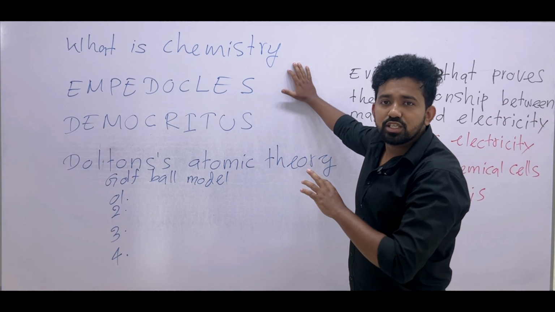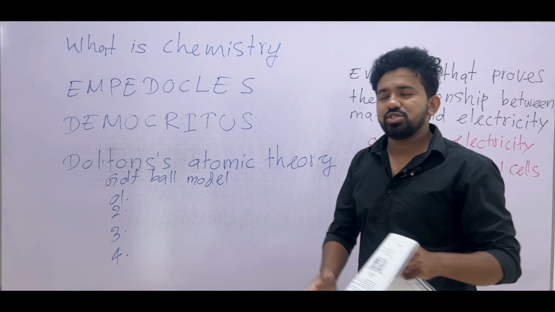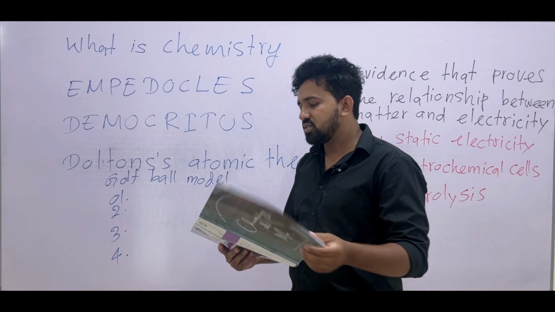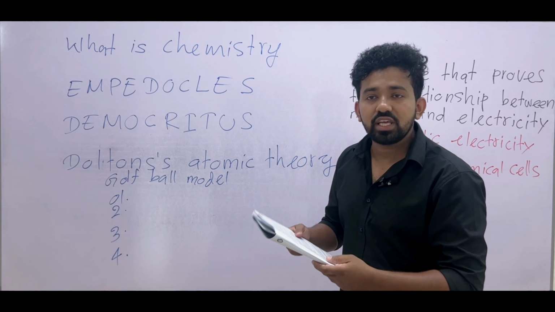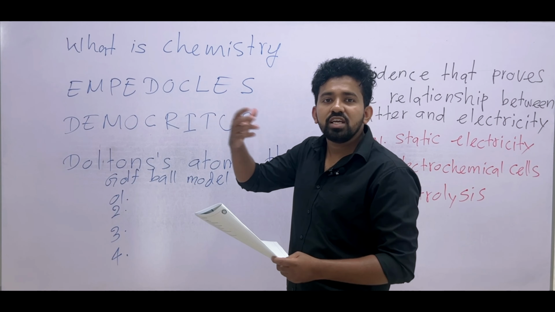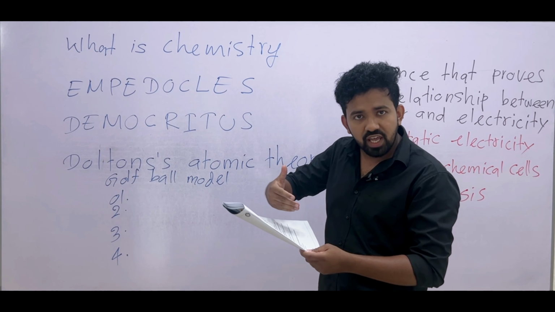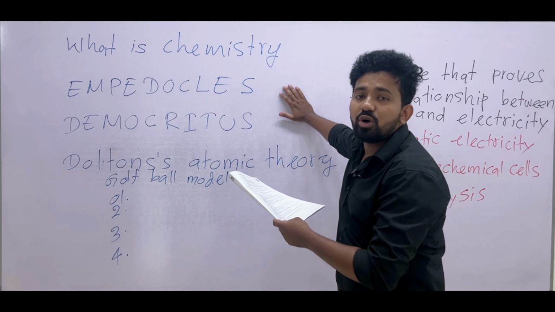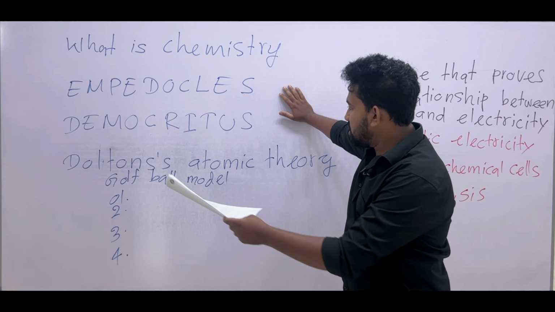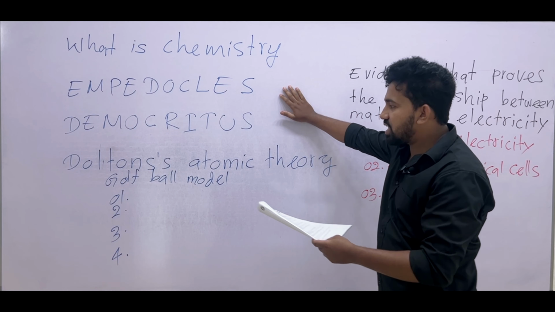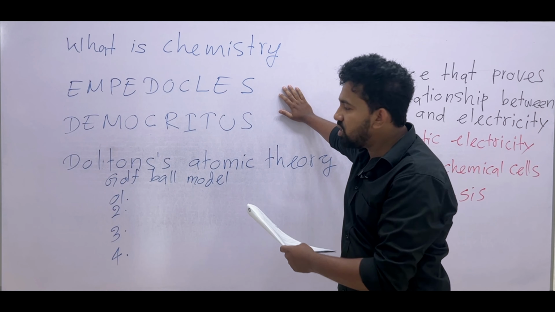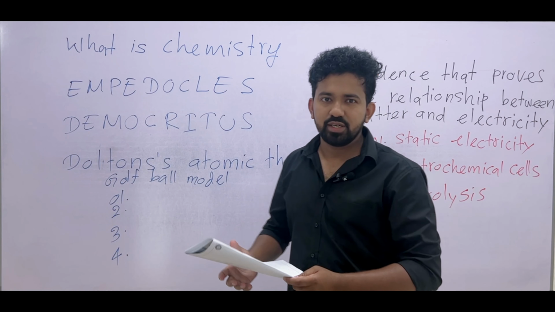Regarding what is chemistry, I have included all the things in the first theory book. Regarding what Empedocles says, I have included all of it here, and also Democritus and Dalton's atomic theory, which is called the golf ball model.